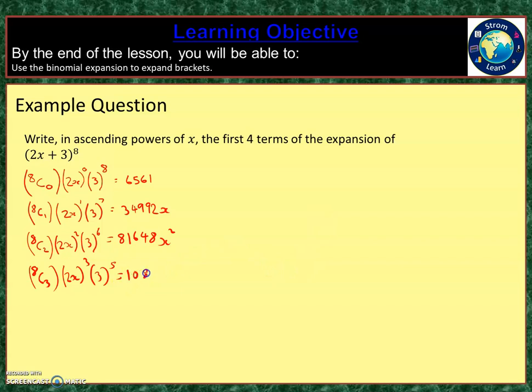And that gives me 108,864 x cubed. So they're my first 4 terms, but the expansion is not just 4 separate terms.